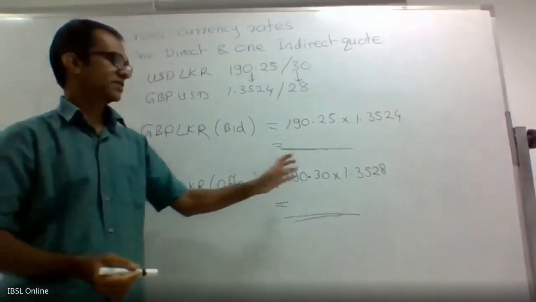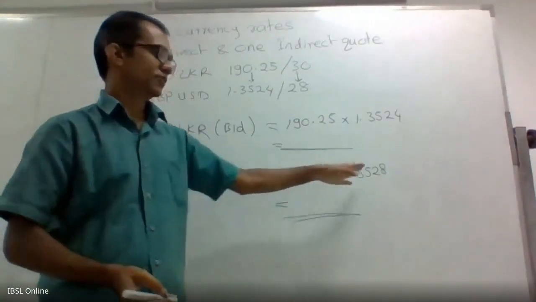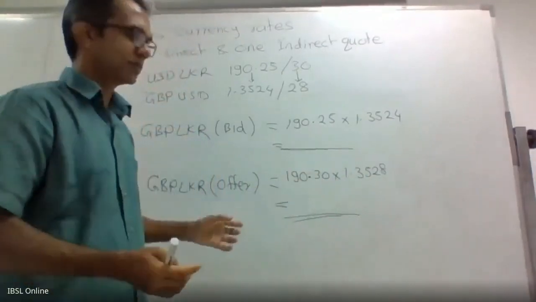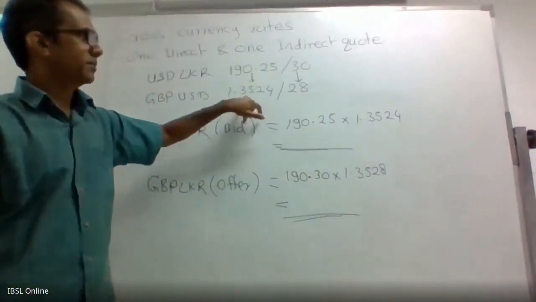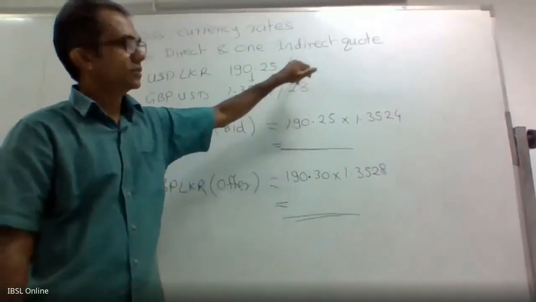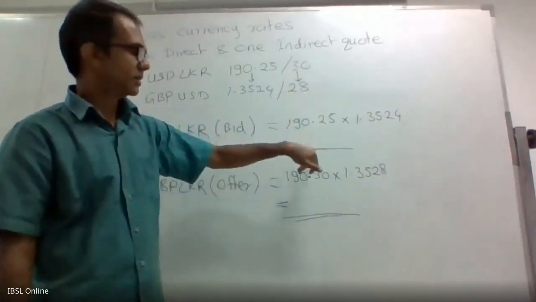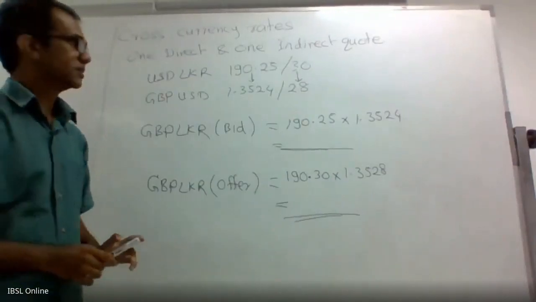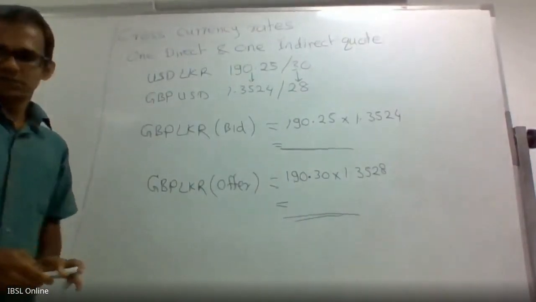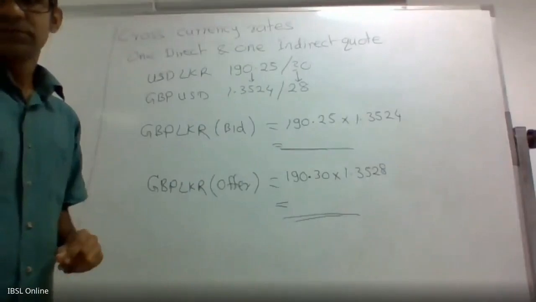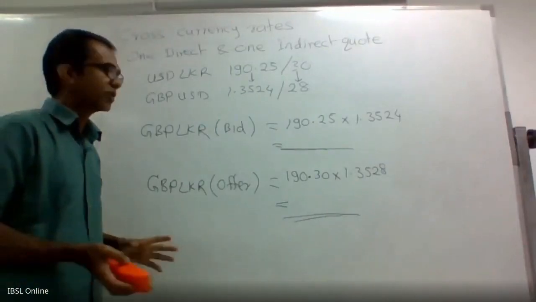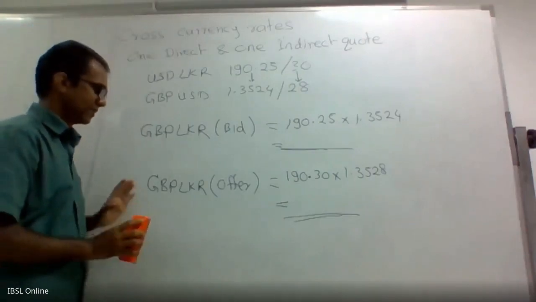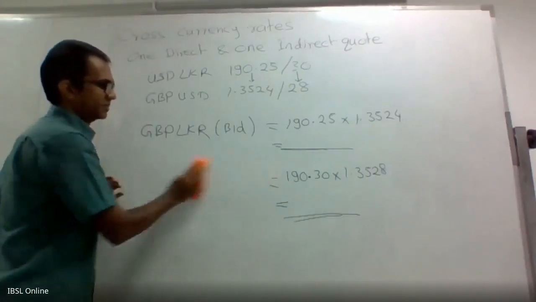Since this is a multiplication, whether you first write stronger currency or the weaker currency doesn't matter. However, bid multiplied by bid to get the bid, offer multiplied by offer to get the offer. So those are the three rules you have to follow to calculate cross currency rates with the bid and offer.